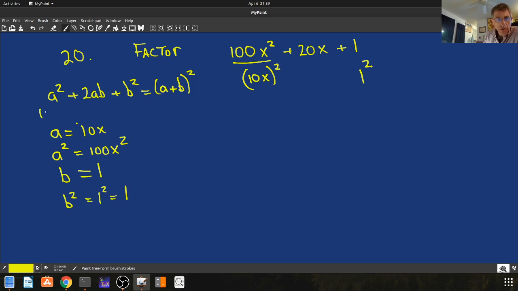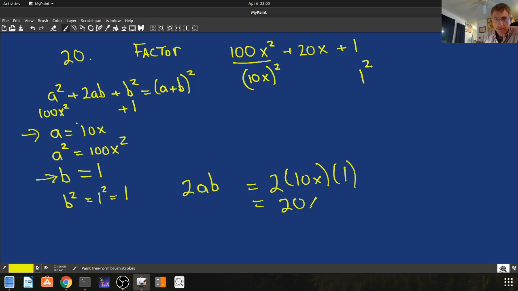So that gives me 100x squared plus 1. That's almost what I have up here. So now the question is, what is 2 times a times b? Well, that's equal to 2. A is equal to 10x, and b is equal to 1. So that's equal to 20x. And that's what 2ab is, and that's what I have up here.